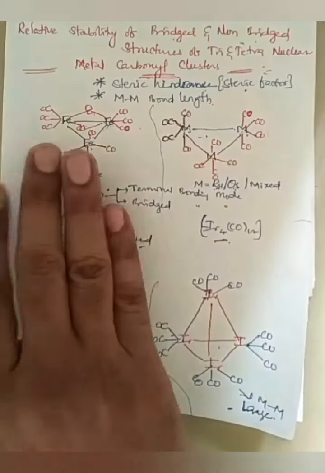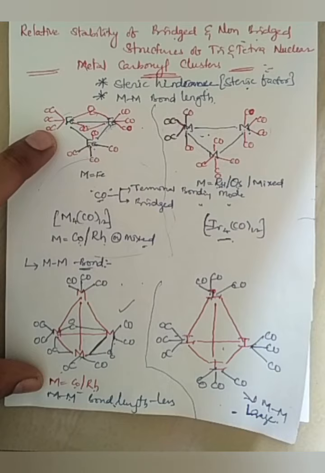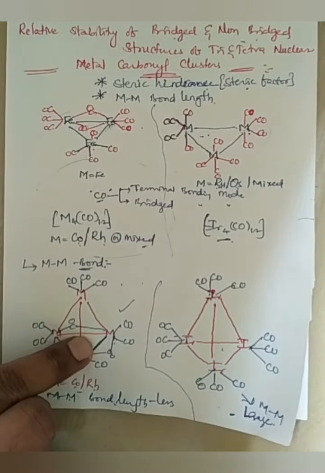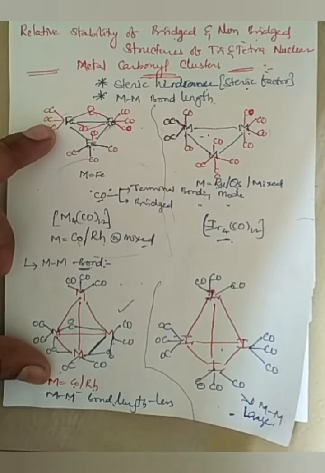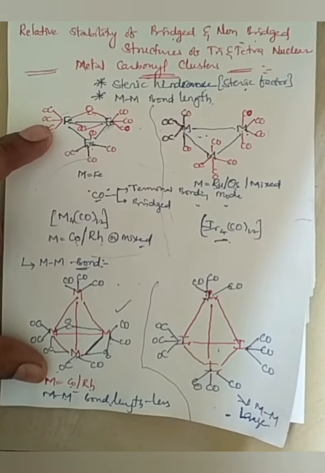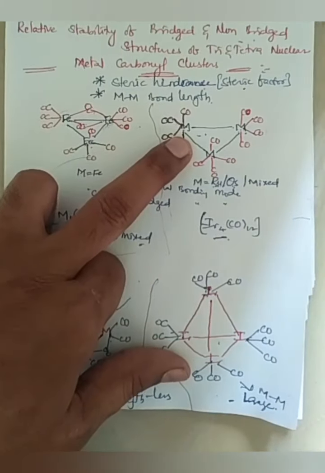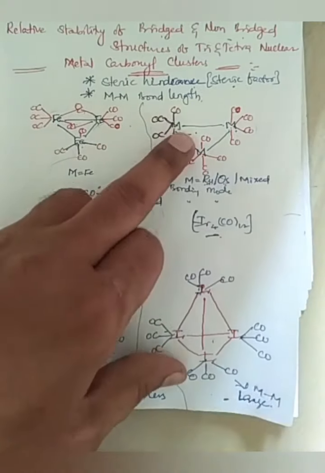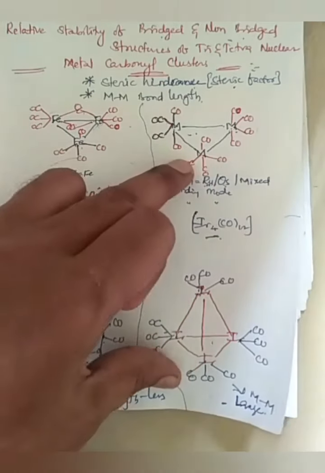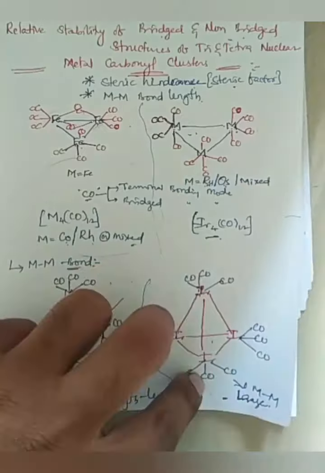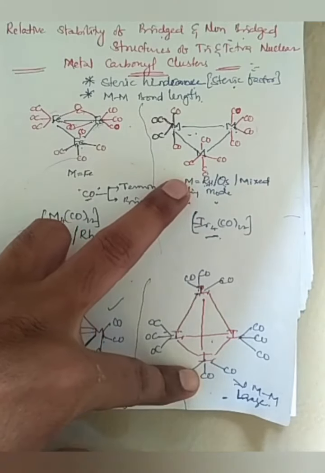So smaller size metal atoms have lesser bond lengths and no steric hindrance, and exhibit stable bridged structures, whereas the large metal atoms, having steric hindrance and larger bond lengths, are stable in the form of non-bridged structures.